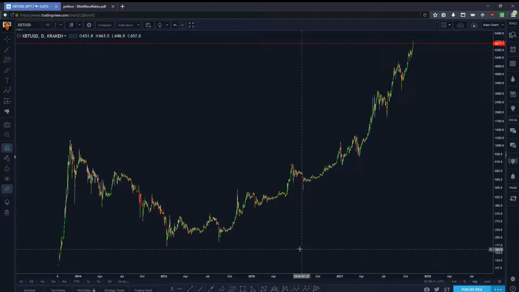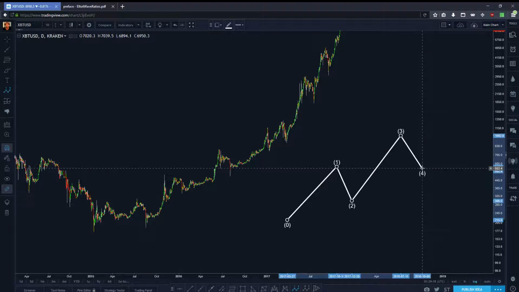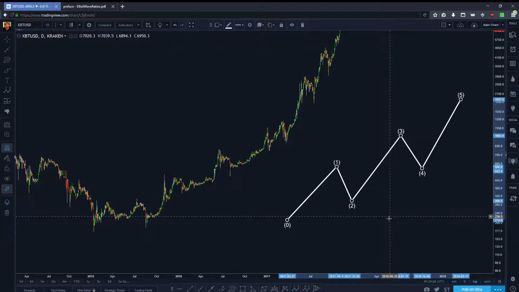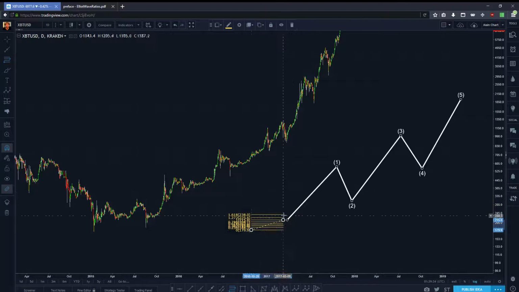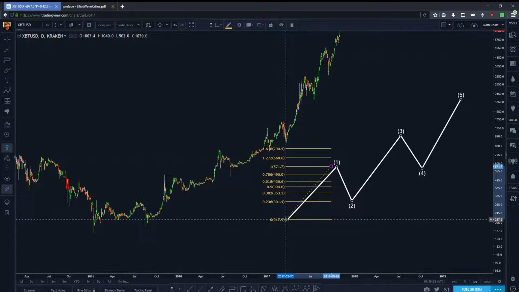I'll draw a basic Fibonacci Elliott wave here, and I'll just show you how I calculate things. Usually what I do to start out is place a fib on our impulse wave.